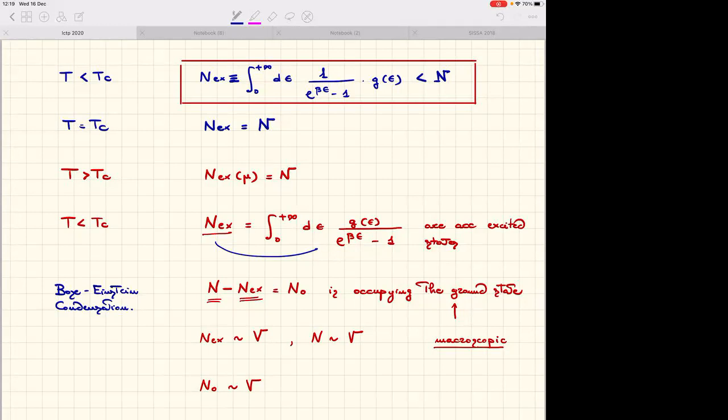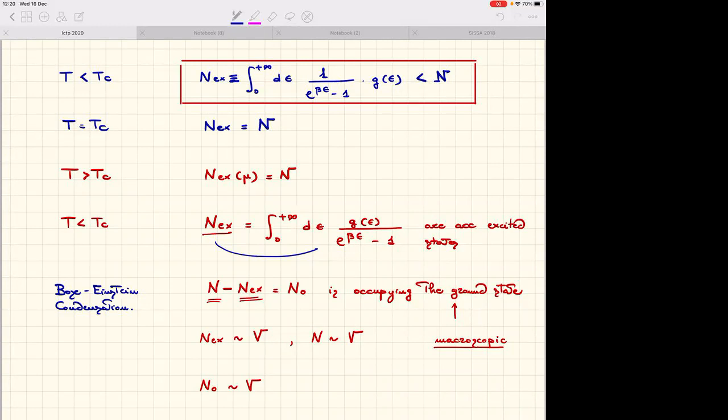Where? Well, then you remember that this integral comes from a sum. And in this sum, in principle, you should estimate the discrete sum. Now, when you pass from a sum to an integral, if you forget about one of the states, it doesn't matter because it has measure 0.